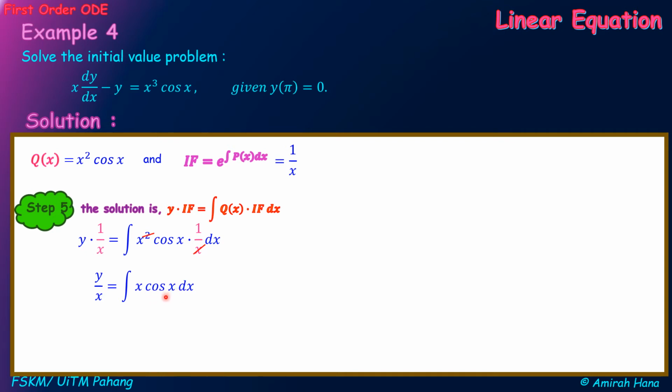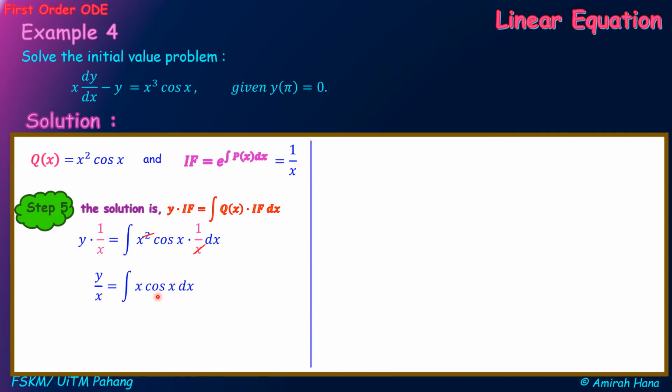But to use tabular integral, we need to make sure that the function has a term containing a repeatable function. Repeatable function means trigonometric function or exponential function. In this case, we have a trigonometric function, which means we can use tabular integral.